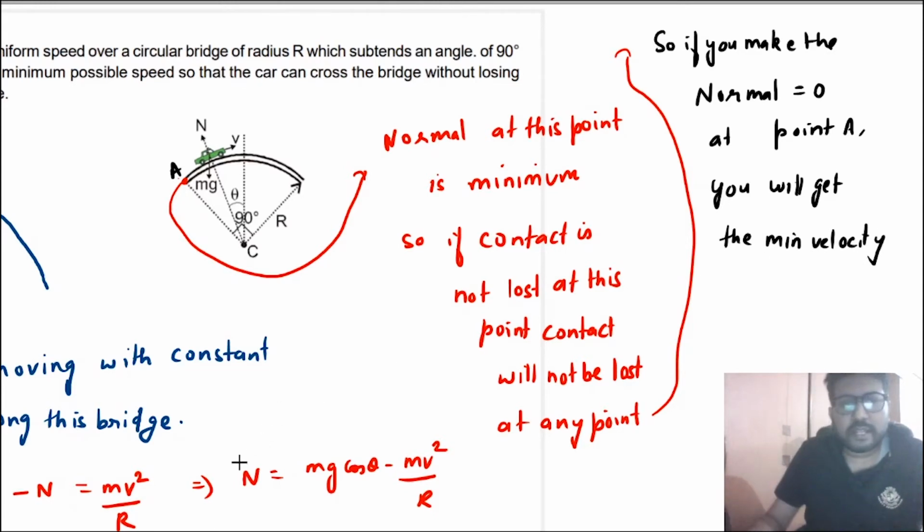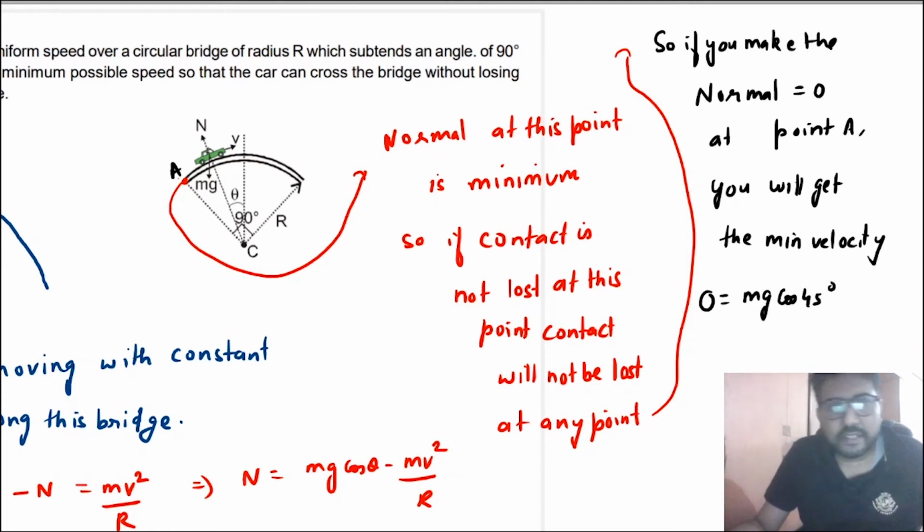Now you know that N is mg cos theta minus mv square by r. So you will write 0 is equal to mg cos 45 degrees in this case, because the total angle is 90 and this angle has to be 45 degrees, minus mv square by r. From this, m cancels, and you will get v square is equal to gr cos 45, that is gr by root 2. That means v will be equal to under root gr by root 2.